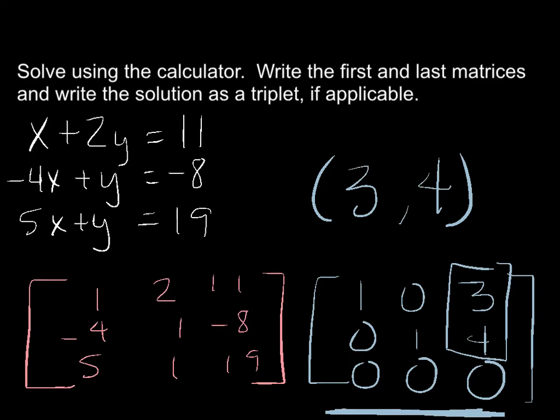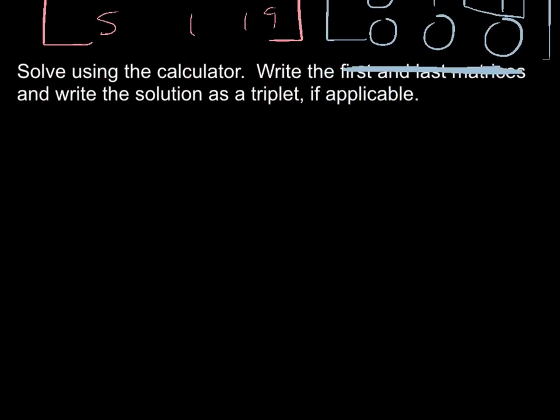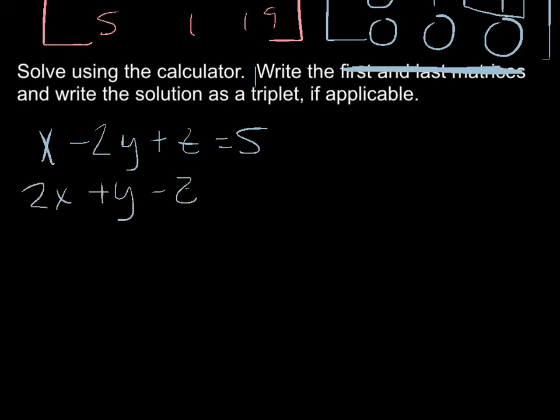Okay, what if I have a system of 3 variables? So if I have x minus 2y plus z equals 5, 2x plus y minus z equals 2, negative 2x plus 4y minus 2z equals 2. Okay, so I want to make my matrix first.